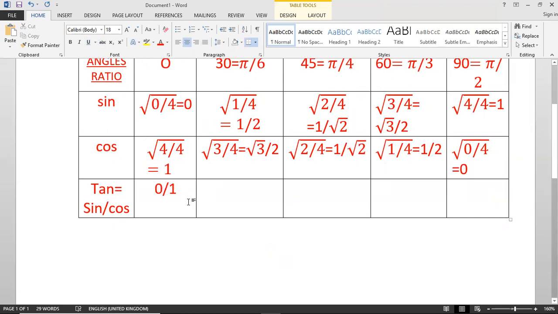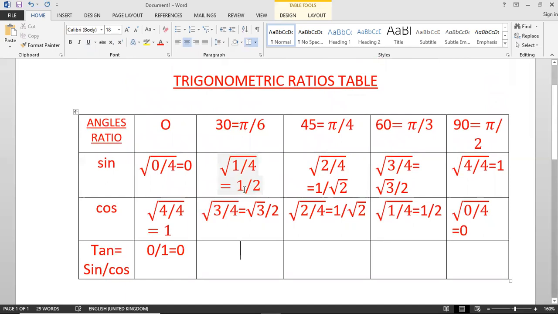So 0 over 1 returns 0, so tan 0 will be 0. And for the next values, 1 by 2 and under root 3, you will write 1 by 2, then again divided by root 3 by 2.